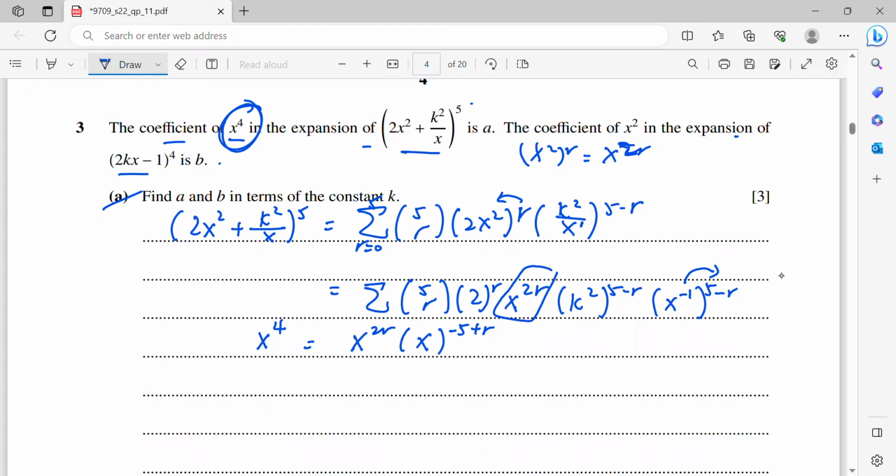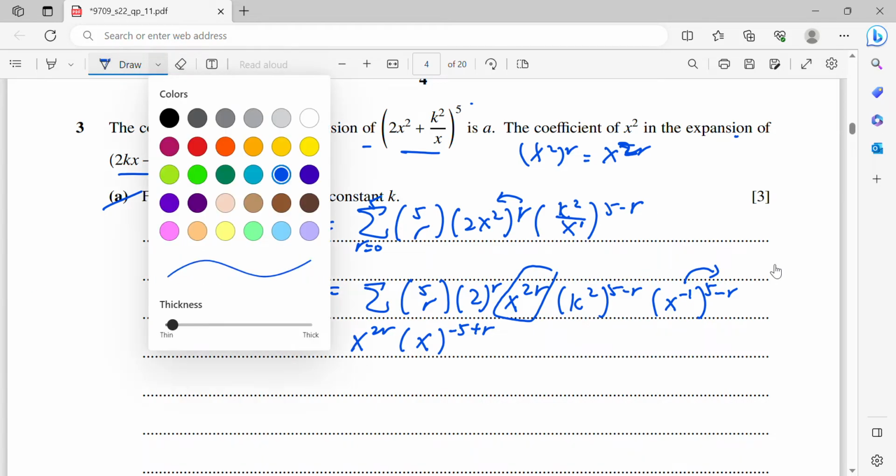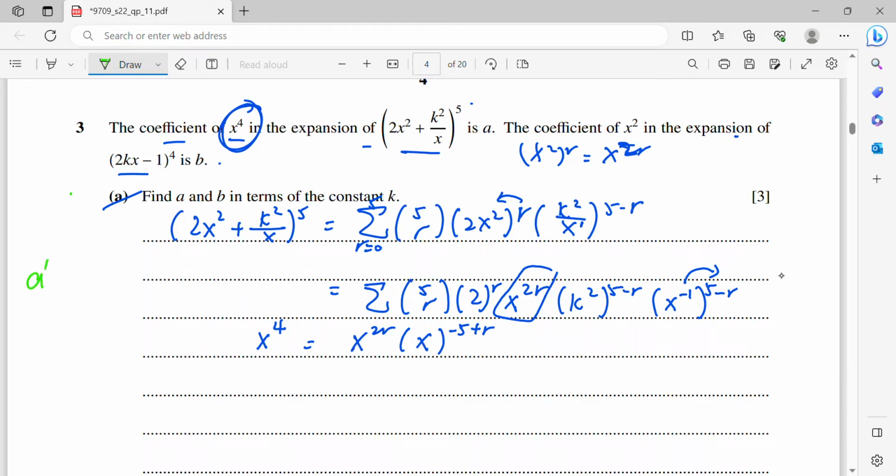When you have the same base, we have the formula a^m times a^n equals a^(m+n). Both have base x, so now I add the exponents. So x^4 equals x to the power of 2r minus 5 plus r.